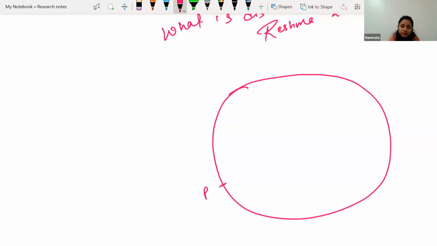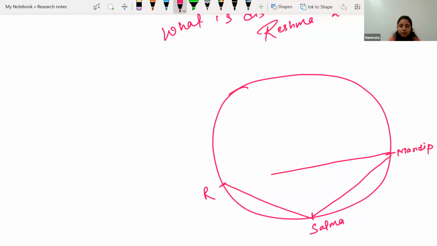Reshma is here, Salma is there, Mandeep is here. Reshma is throwing the ball to Salma, Salma is throwing it to Mandeep, and Mandeep is throwing it to Reshma.